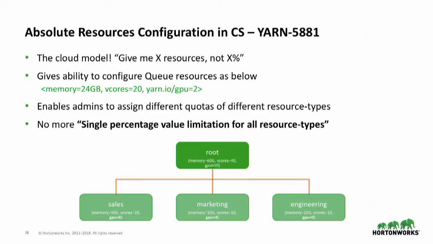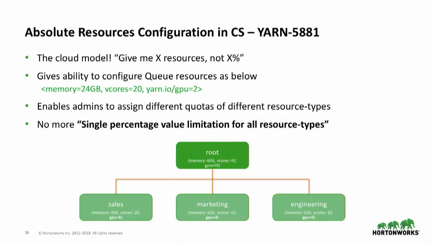But sometimes we have this scenario where we want X amount of resources. I want this to be an absolute value, not X percentage. So we need to meet this kind of requirement, and we can directly give the absolute resource when we do the queue mapping and do the allocation.